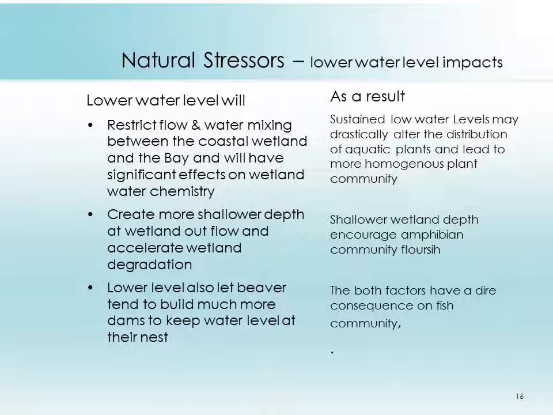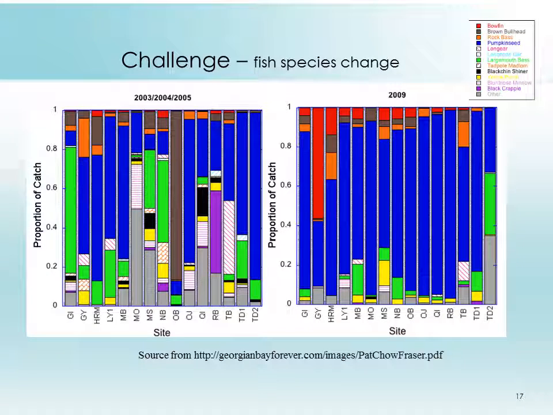As a result, this shallow water has consequences on the fish community. As the water level continues to lower, the fish species become less and less. In 2003, we could catch many more fish species, but in 2009, fewer fish species could be captured.